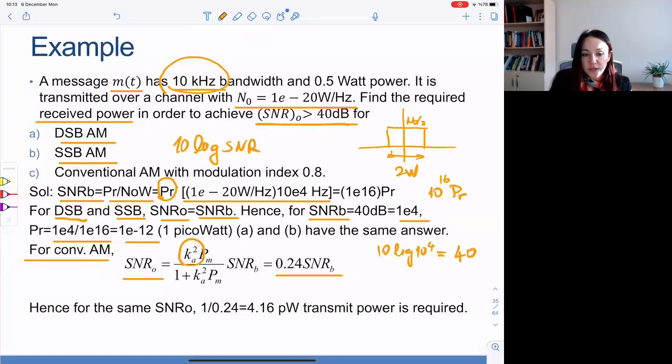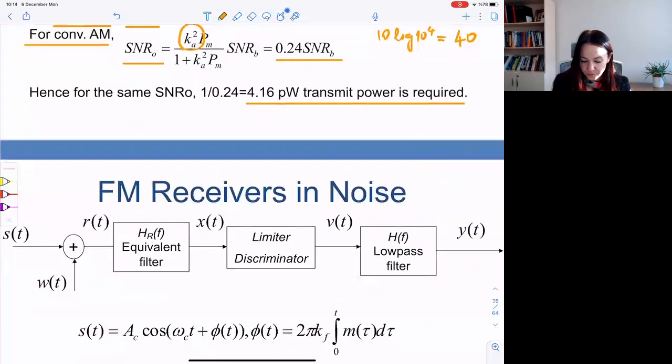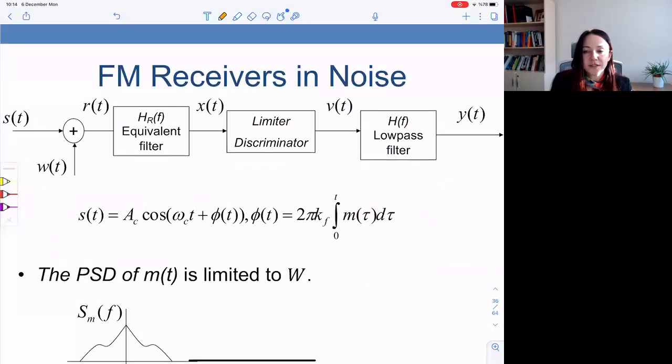So we need roughly 4 times as much transmit power, and it turns out to be exactly 4.16 picowatt. Any questions? Okay, so that's all about amplitude modulation. I'll stop the recording here.